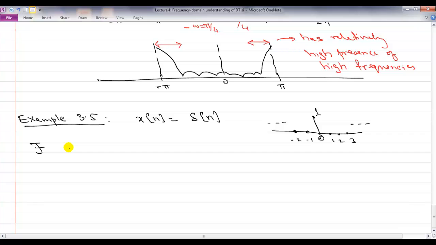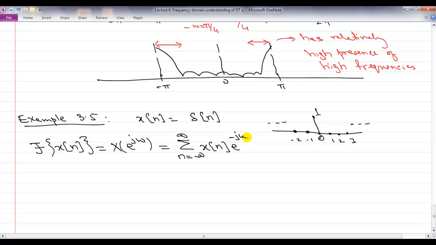And you can try to now compute it, and I'm sure you can reason from your continuous time world. If you calculate the Fourier transform of x[n], which is X(e^{jω}), just use the formula: sum over n from minus infinity to infinity, x[n] e^{-jωn}. Now x[n] is equal to 0 for all n except n equal to 0.